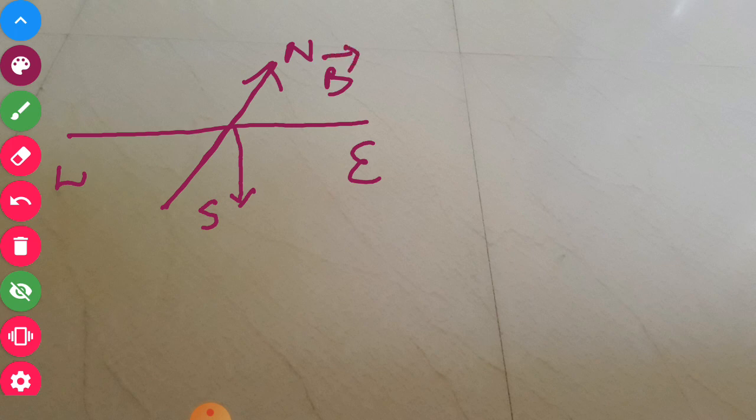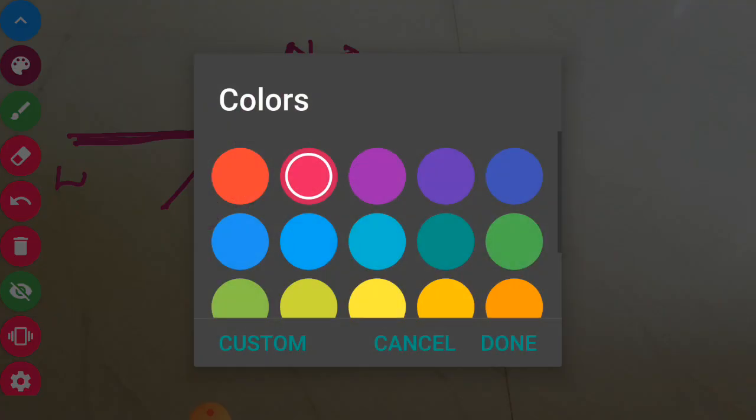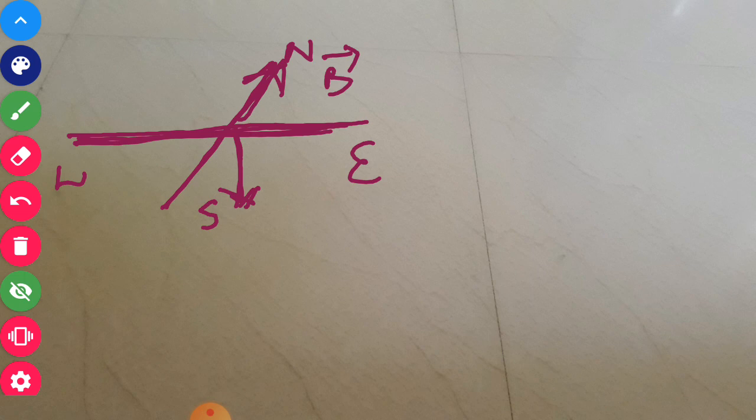So the velocity of the falling wire is perpendicular to the magnetic field. Say this is the direction of the magnetic field, and this red color is the direction of velocity, so both are perpendicular to each other.